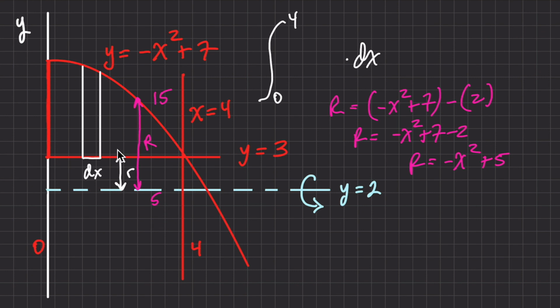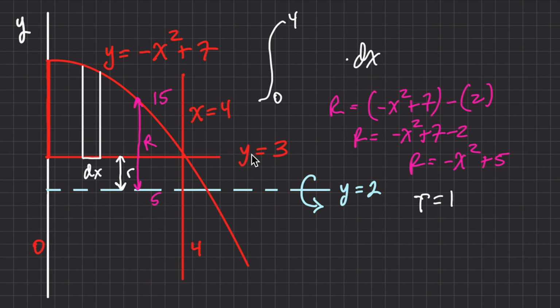Okay, to find this little r, we're going to use the same method. We're going to take the distance between the older sister, which is y equals 3, and the younger sister, y equals 2. And when we do that, we see that the little r distance equals 1. Again, notice, all the equations we're working with are solved for y.